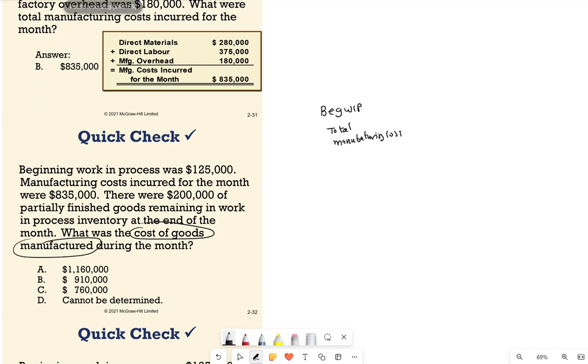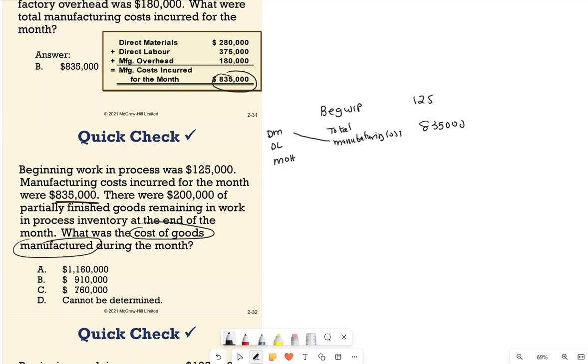We learned what that represents: my direct material, direct labor, and my manufacturing overhead. We already worked it out in the previous question, that was 835. They also told us in the question it is 835.